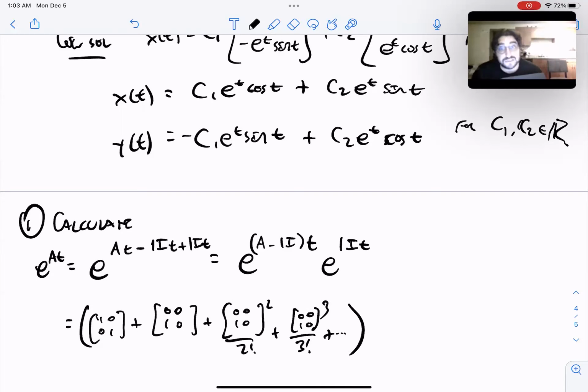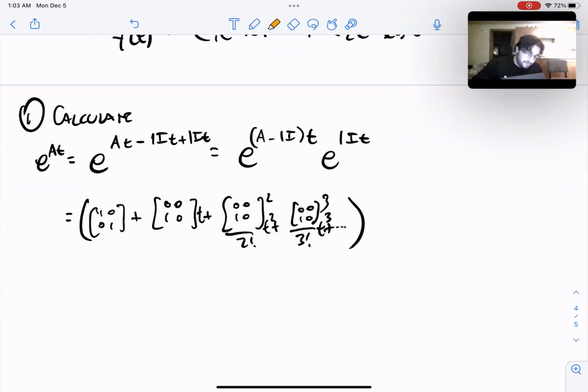So there's that first e power series with A minus lambda I t plugged in. Now, here's what's nice: this matrix squared, and everything after that, all goes to 0, right? So this first one is literally just 1, 0, t, and 1. That is the first factor.